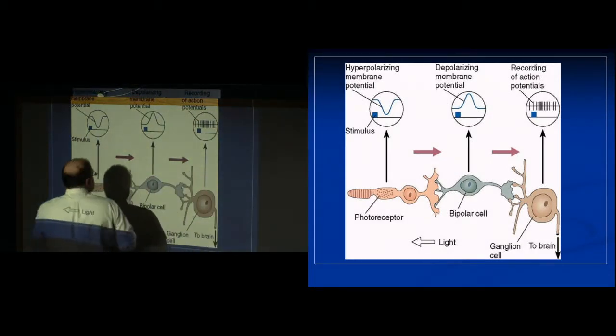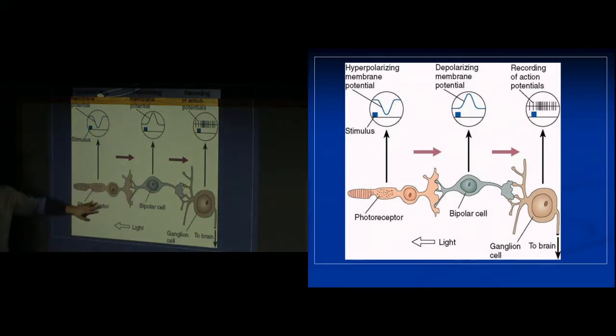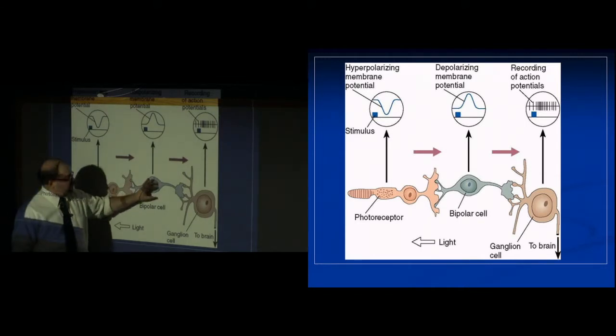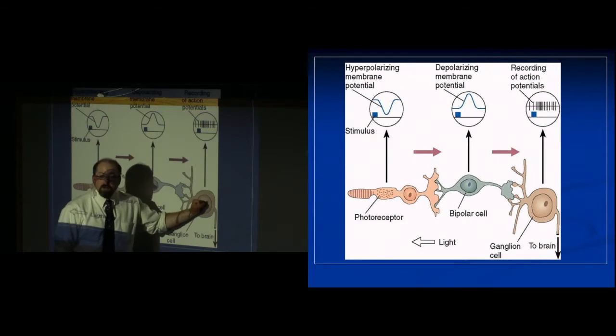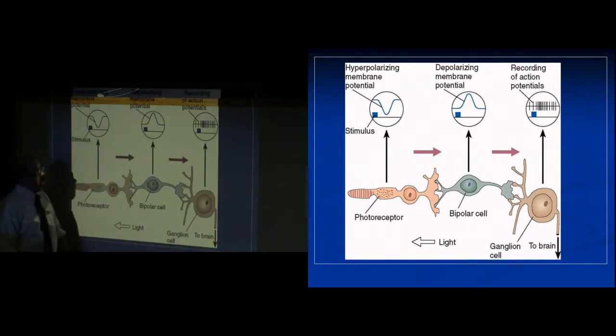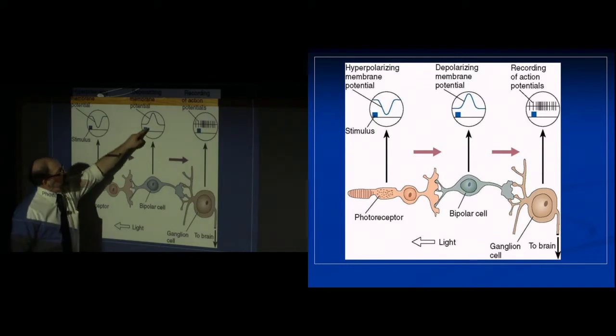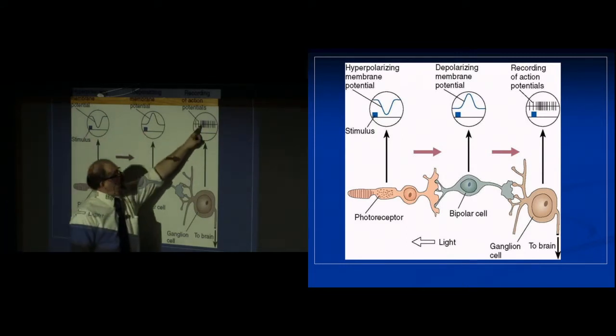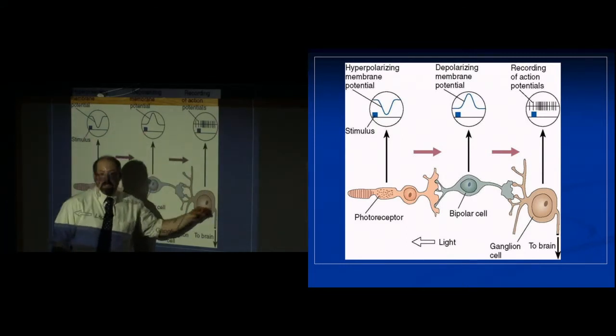Okay? So here's a diagram kind of putting everything I just described together. I got my photoreceptor, bipolar cell, ganglion cell. This ganglion cell is going to send an axon on to the brain. Here, we're going to show membrane potential in the case of these, and I'm going to show action potentials in the case of ganglion cells.